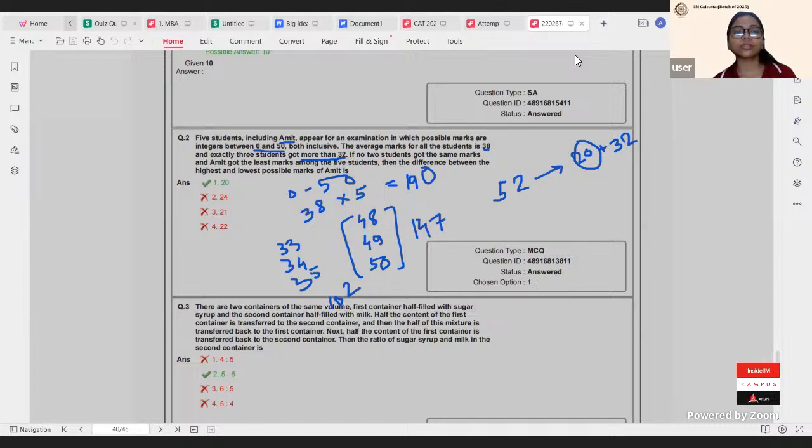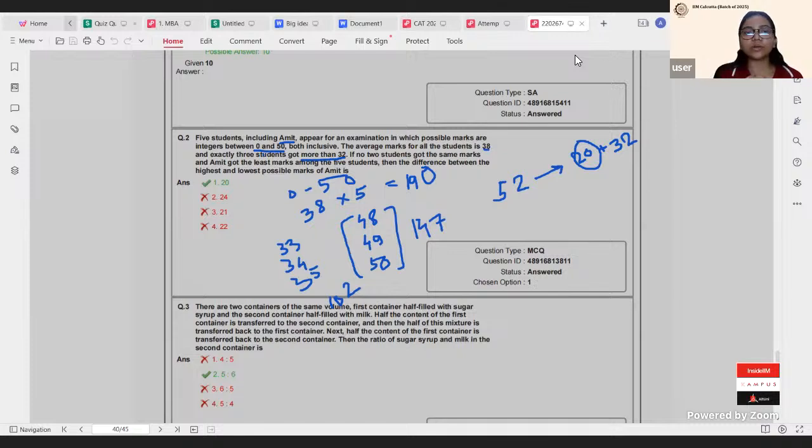Yeah. So in that case, what he can do is basically when Amit scored, he can grab 20 marks, as I said, from the people who scored 40, 49, 50. And in the other case, we basically assign 31 and 32, which is the highest possible marks for Amit.